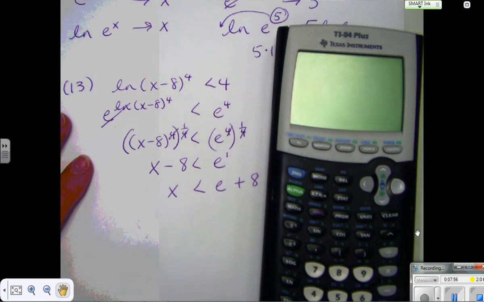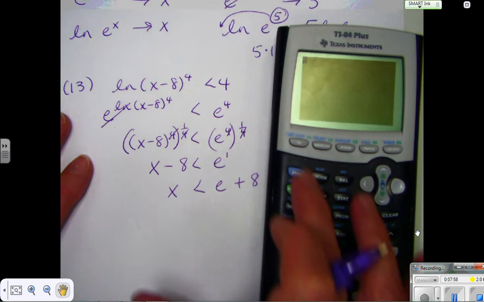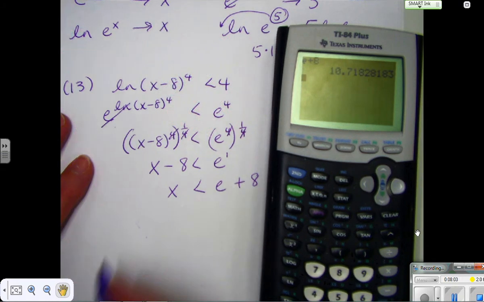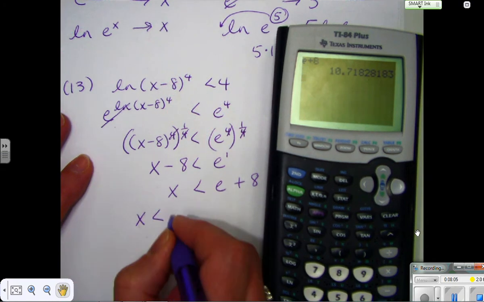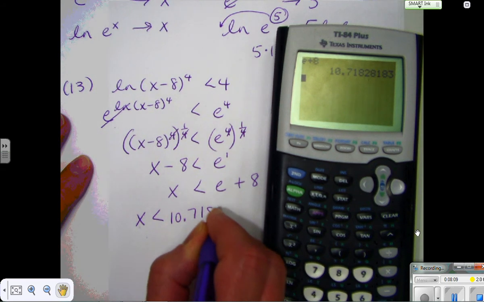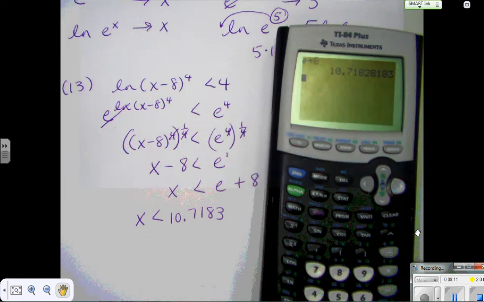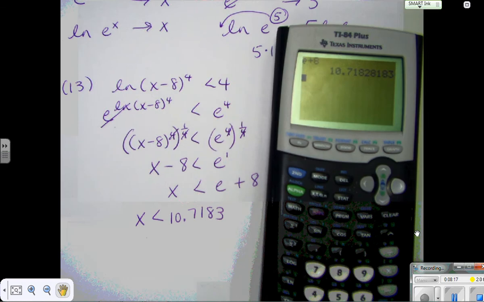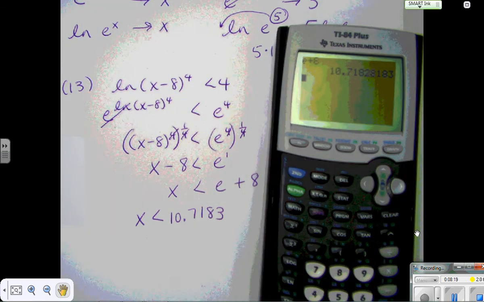I have e plus 8, and I'm getting that x is less than 10.7183. I'm rounding it to the 10,000th place. Any questions?